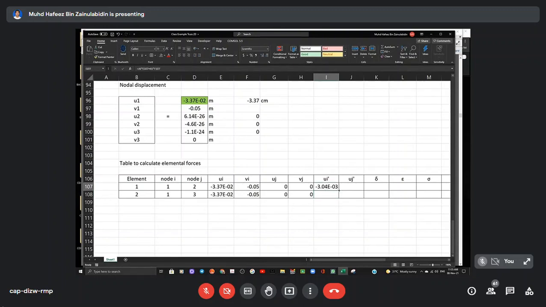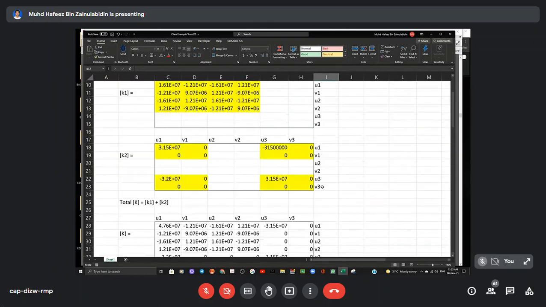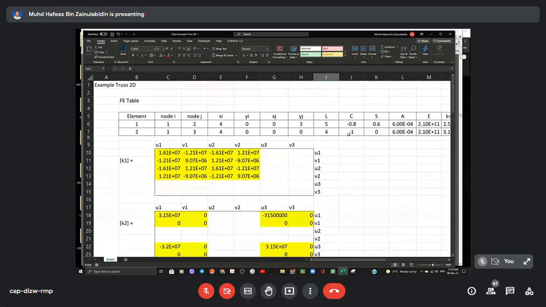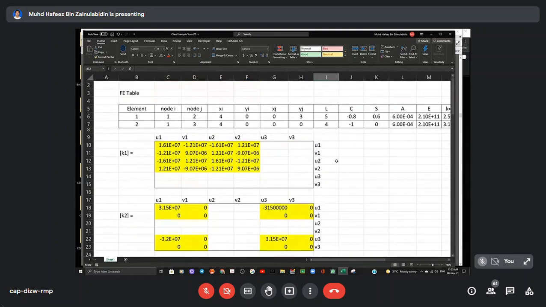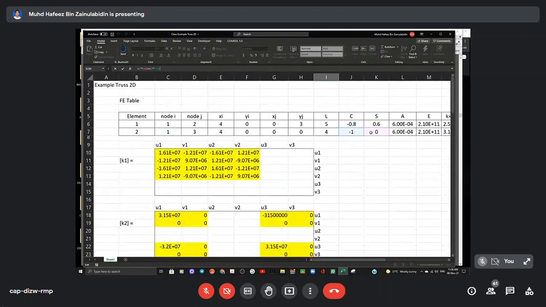Okay, if you drag this down, it will automatically calculate for element number 2. It will automatically use this C and S, this value C and S, and UI and VI here for element 2. See, automatically it will use this red, green, blue and purple there.